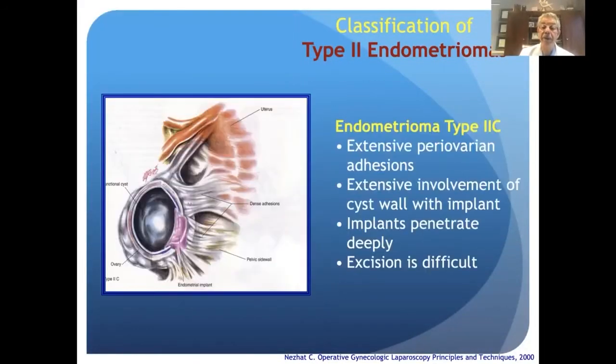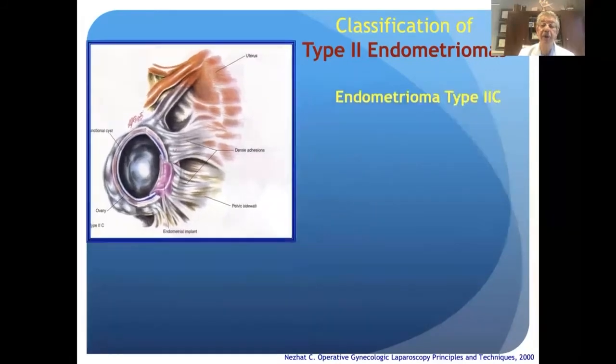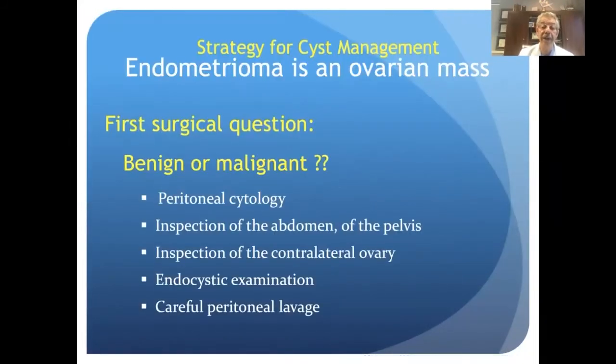Type 2C is the worst type. It has a larger area of invasion and severe adhesion and fibrosis to the side wall. If we are not careful, it could compromise the actual ovarian cortex and ovarian function.